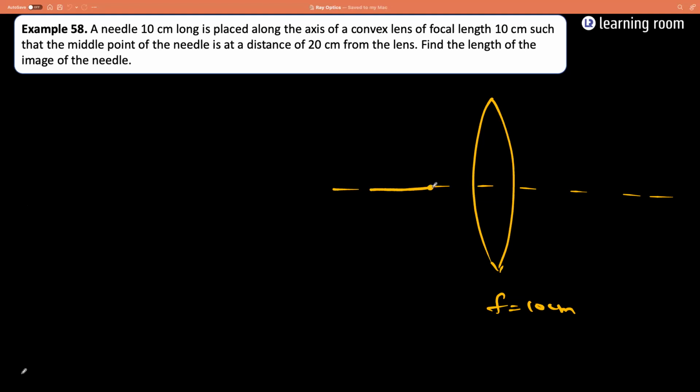The length of the needle is 10 centimeter. Find the length of the image formed.